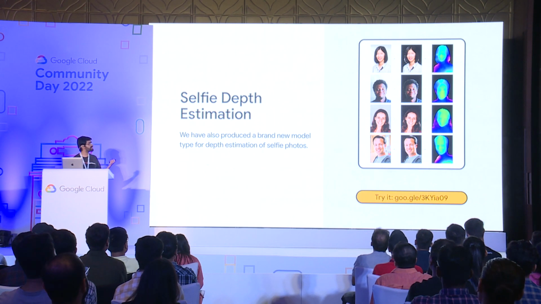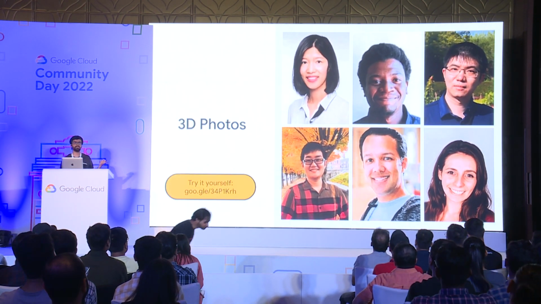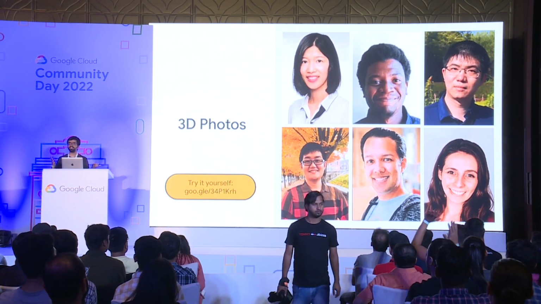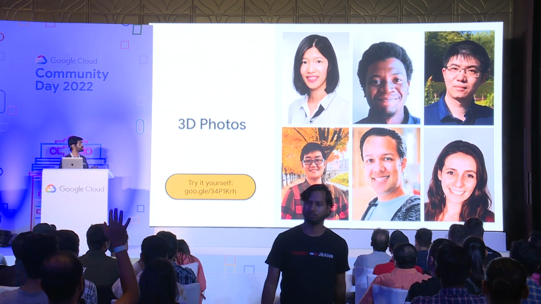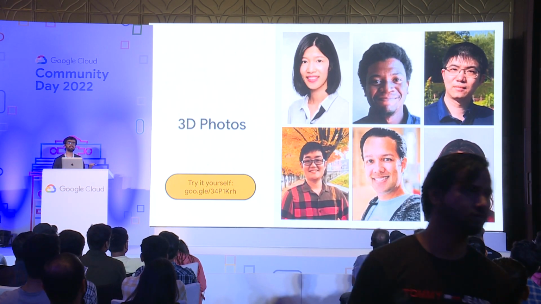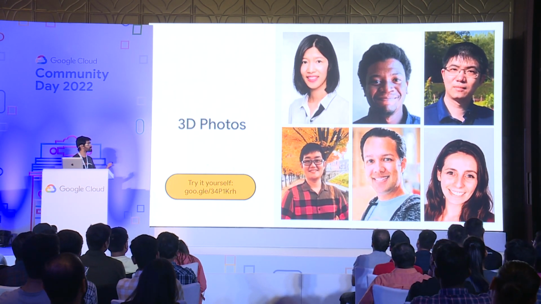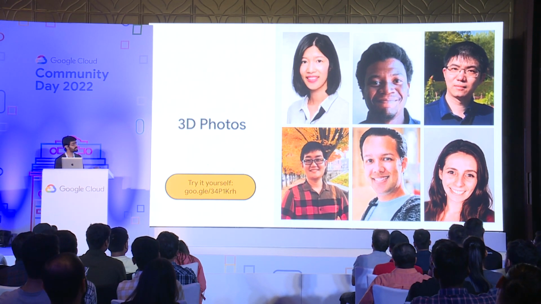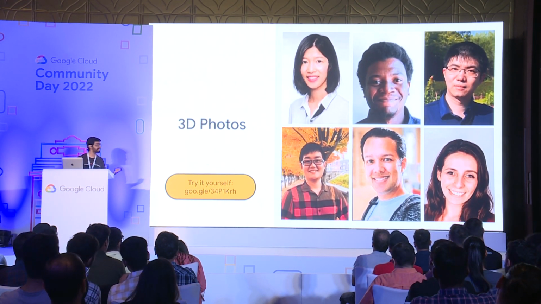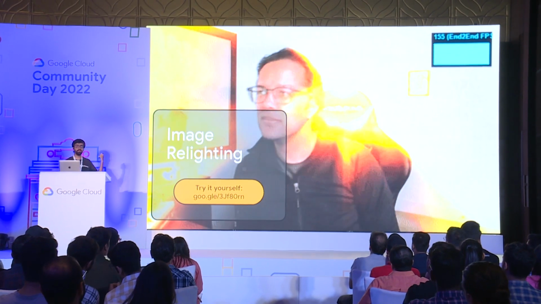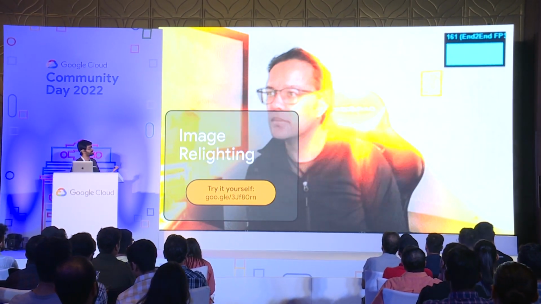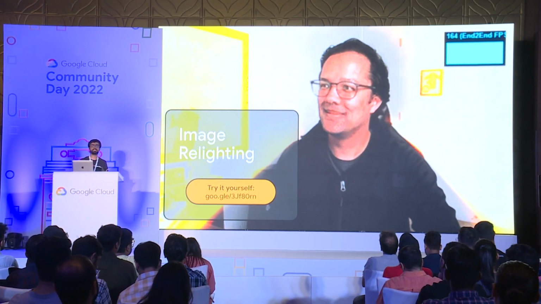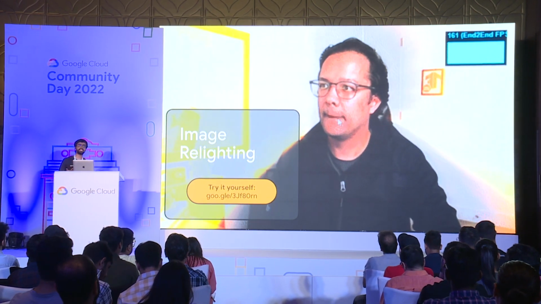Then some of the newer models. How many of you have probably seen this kind of effect on Google Photos? Probably if you are a user of Google Photos, you might have seen it. Actually, a lot of you have seen this. So again, this is the power of machine learning in JavaScript, which is with TensorFlowJS. These are some of the newer models that have come up recently. Again, these are some of the new effects that you can probably think of if you were a creative technologist and wanted to create some kind of fun application in JavaScript.